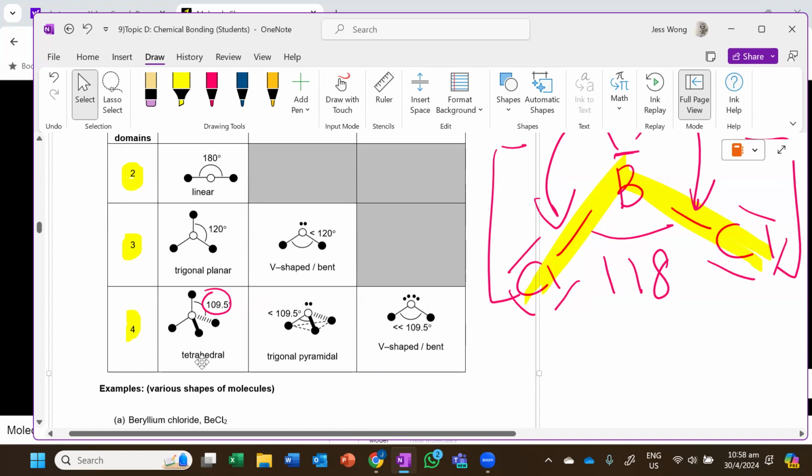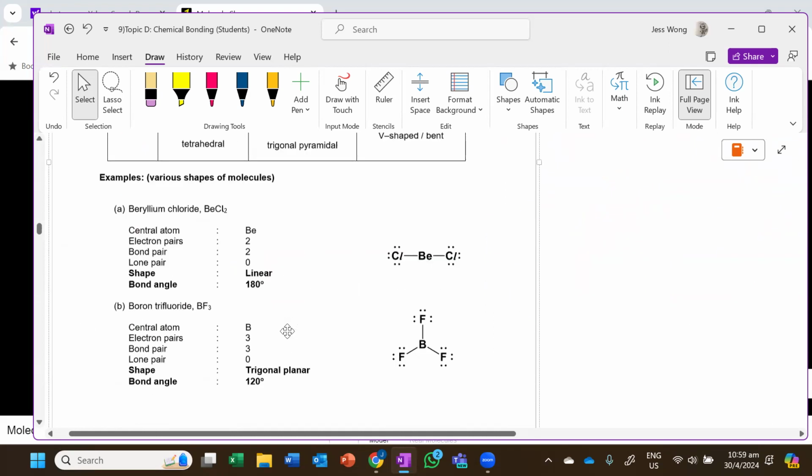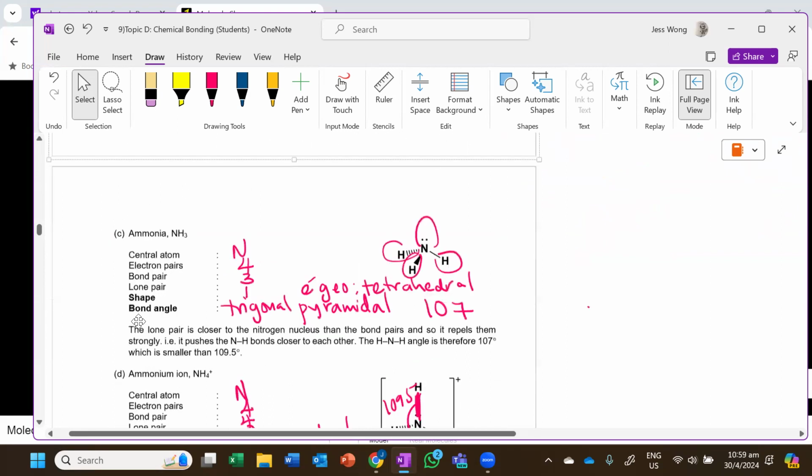So this is the case for 4 electron domains, 4 bond pairs. This is the case for 4 electron domains, 3 bond pairs, 1 lone pair. And this is for 4 electron domains, 2 bond pairs, 2 lone pairs. So we have all the different shapes here. Okay, and then use the VSEPR to work out the angle.